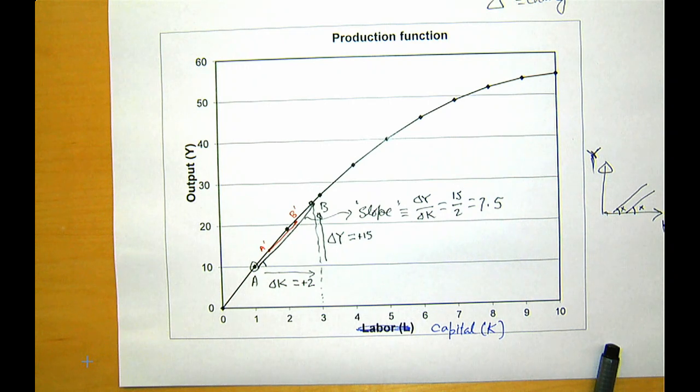So the slope is still 7.5, because they are parallel. But it's going closer and closer. You can imagine pushing it further so that those 2 points, A prime and B prime, overlap on that graph, and it will be tangent. It's called a tangent. It's just touching it, not cutting it.